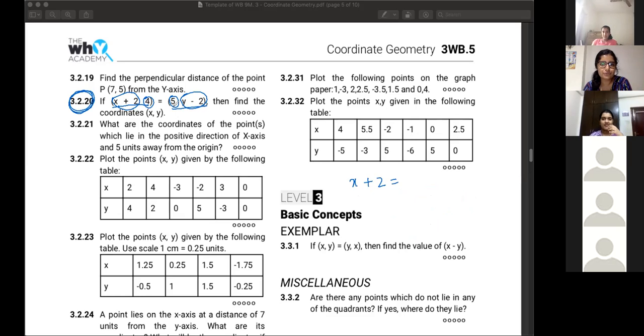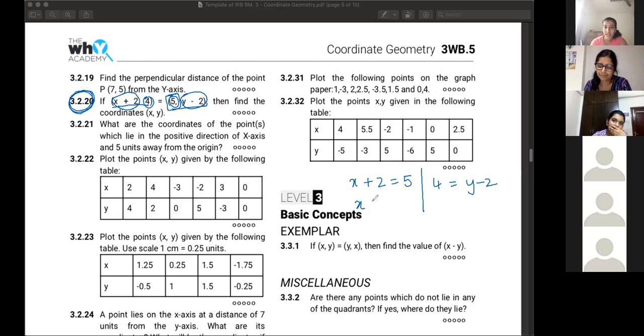So x plus 2 is supposed to be equal to the x coordinate over here, so it will be equal to 5. And on the other side, 4 should be equal to y minus 2. Take it one thing at a time. X plus 2 equal to 5, so what should the value of x be? If you take all variables on one side, constants on the other side, what will the next step be here?